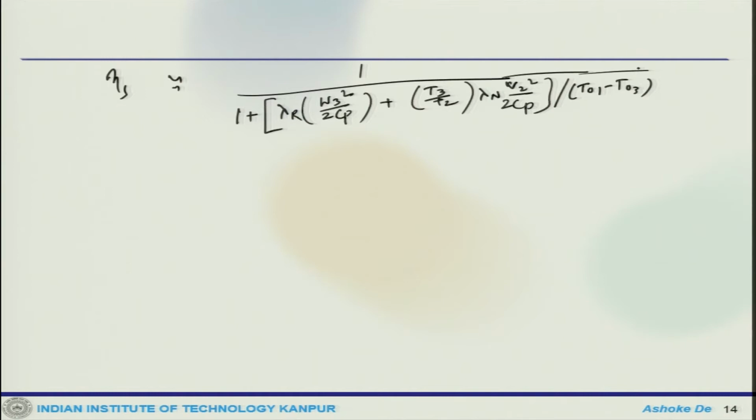So, if you look at all these relationships that we are writing down here, they are coming from the TS diagram. Now, what else do we have?